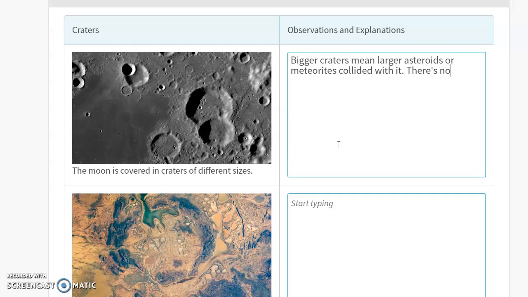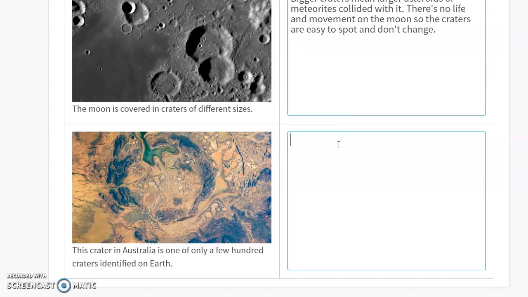There's no life and movement on the moon, so the craters are easy to spot and don't change. Okay. The crater is deeper and there's fewer of them.